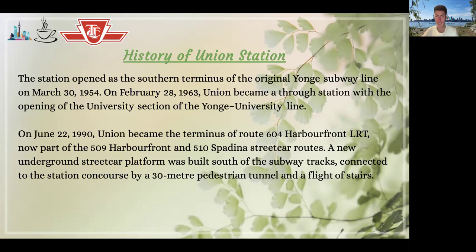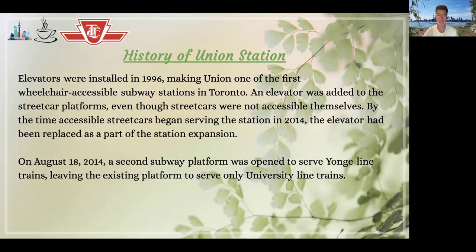A new underground streetcar platform was built south of the subway tracks, connected to the station concourse by a 30-meter pedestrian tunnel and a flight of stairs. Elevators were installed in 1996, making Union one of the first wheelchair-accessible subway stations in Toronto.